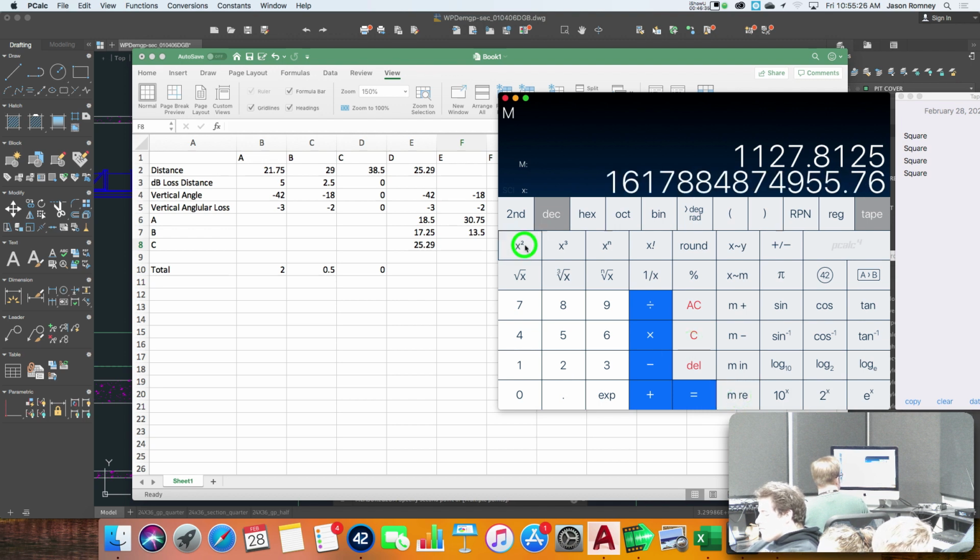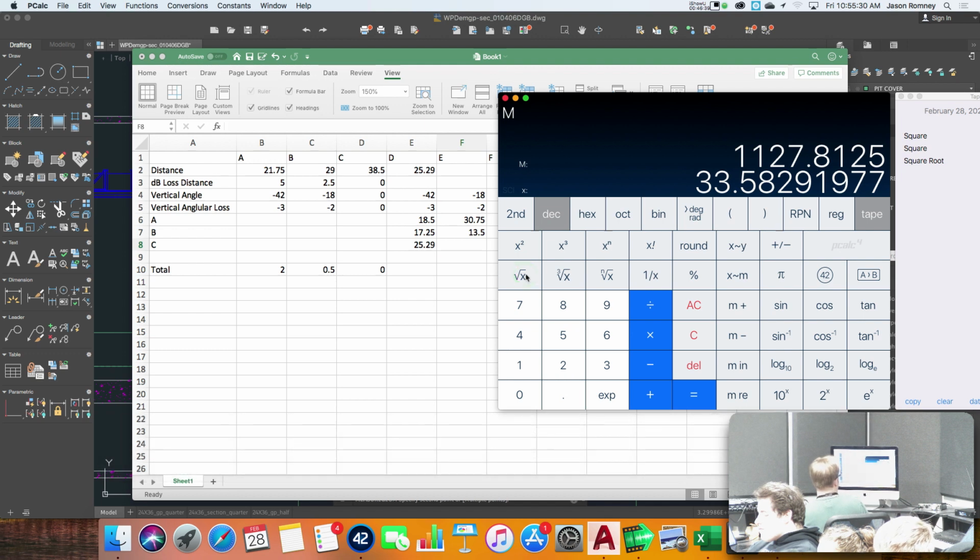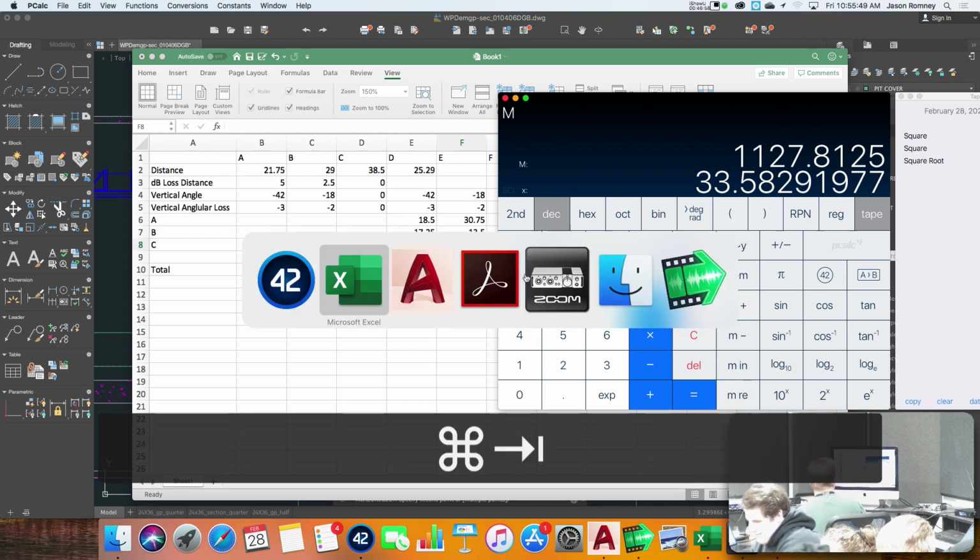Anybody else get that? Anybody? Am I right? 33.58? Okay. So 33.58, that is the invisible line. 33.58 is the distance to E.